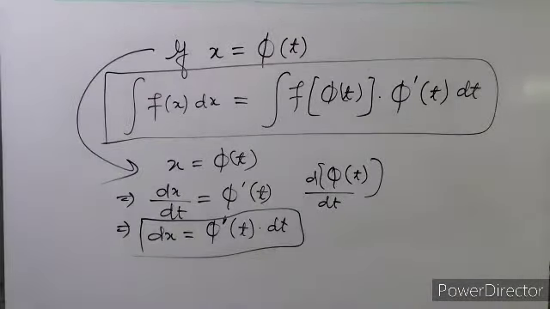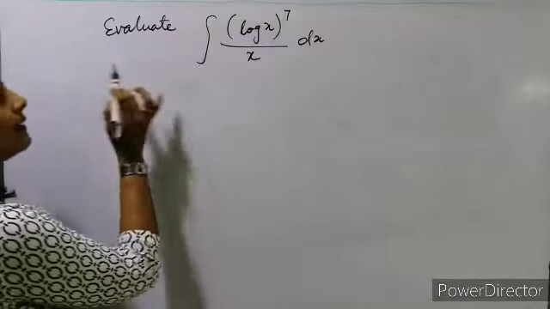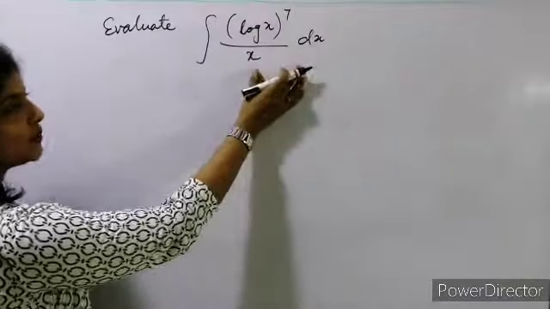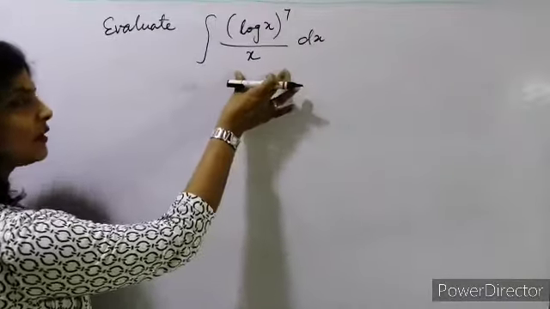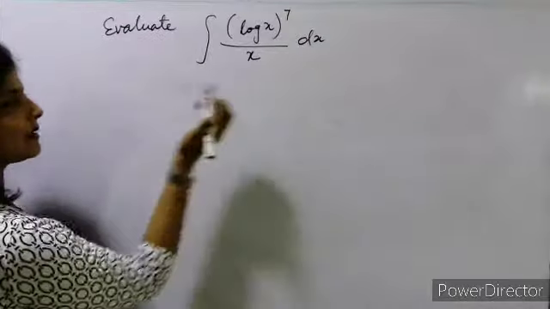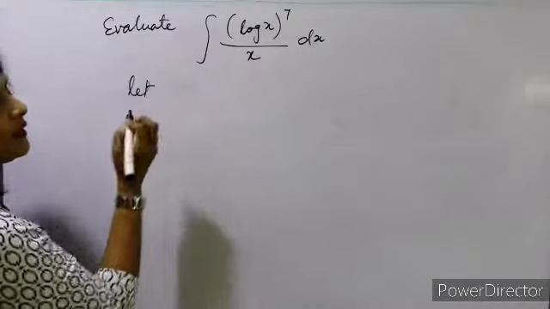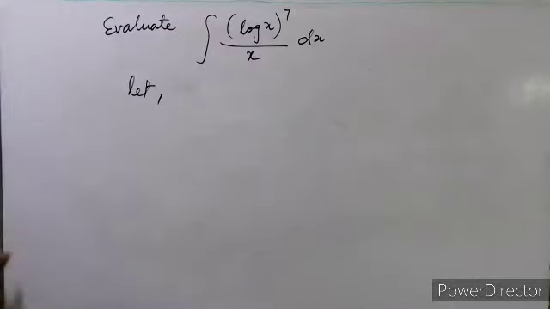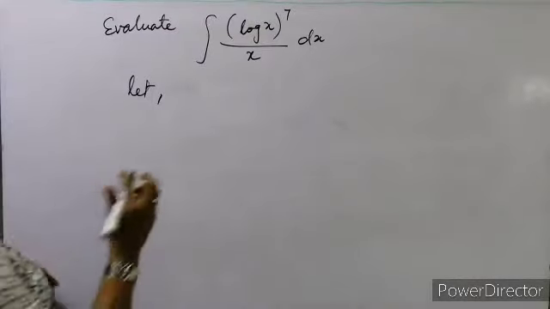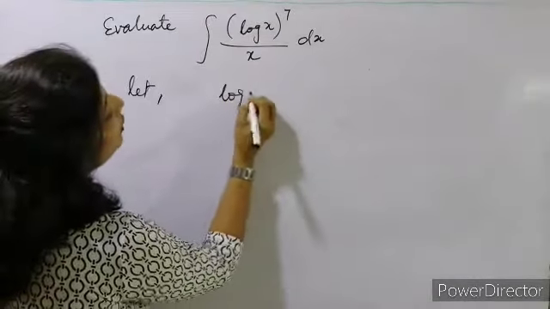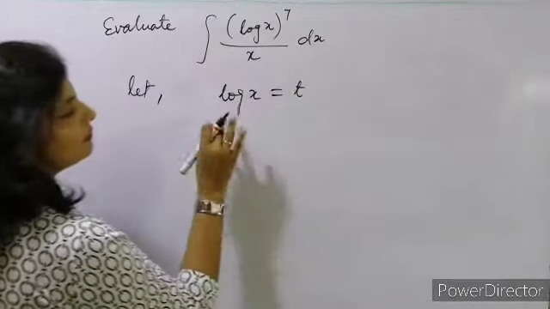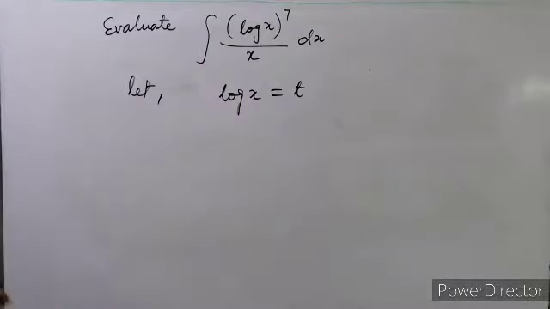So let's start. We have a question: evaluate the integral of this function with respect to x. Here we are using the method of substitution. Let log x be equal to t.